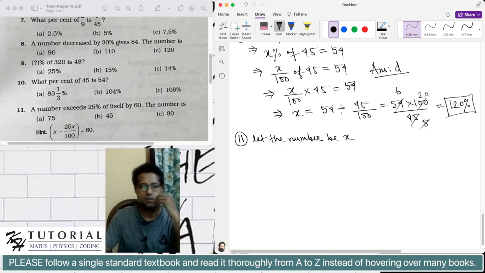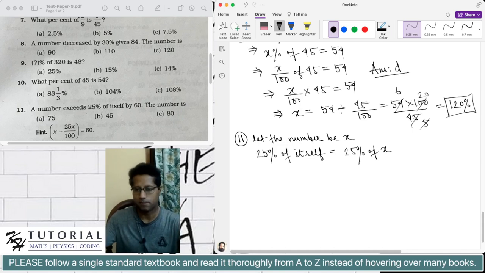Now 25% of itself means 25% of X, as the number we have assumed to be X. This is equal to 25 by 100 of X.